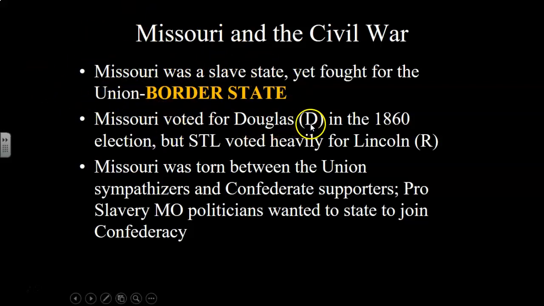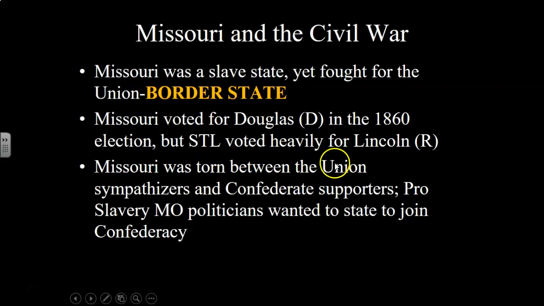Missouri will vote for the Democrat in the 1860 election, the more slave allowing party, Stephen Douglas, but St. Louis, being a little bit more liberal, votes heavily for Lincoln, the Republican, and the more liberal person who was willing to give up on some slavery issues.